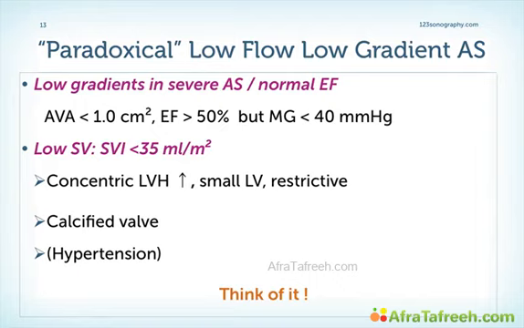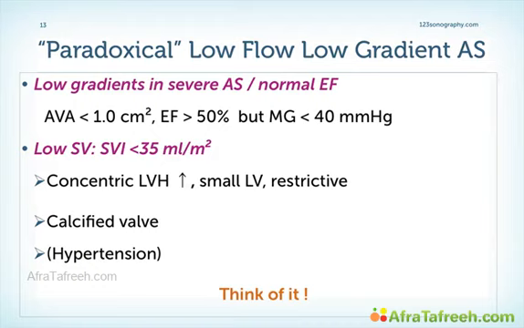Again, a calcified aortic valve will point towards a severe aortic stenosis, and very often these patients have a long-standing history of hypertension, and this causes additional left ventricular hypertrophy and low flow.